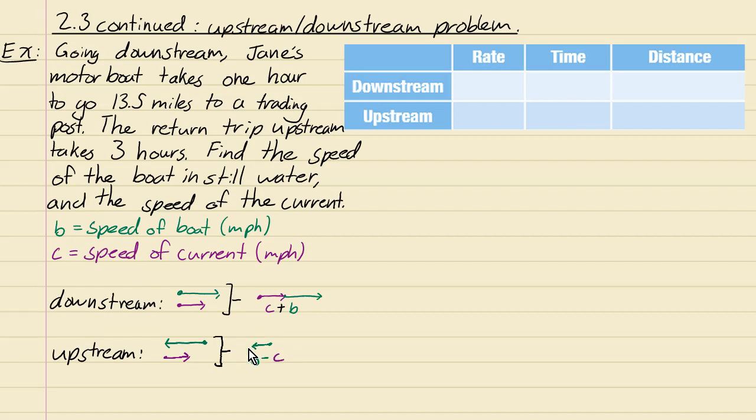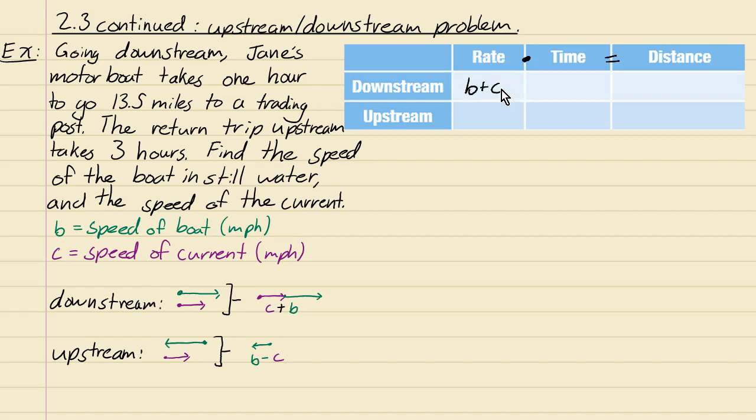So that helps you fill in the table like this. This is a table I copied from the book, and the general principle is that rate times time is always equal to distance. So you multiply these and get the distance. The downstream rate, which is another word for speed here, is c plus b, or you can write that as b plus c if you want.